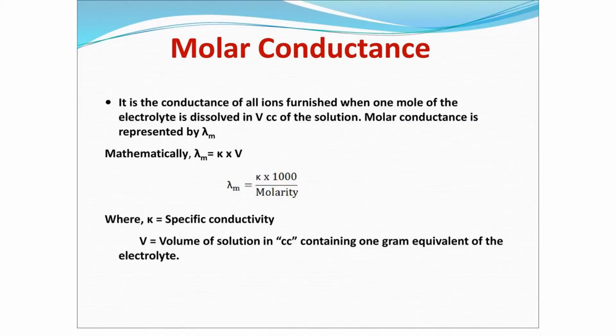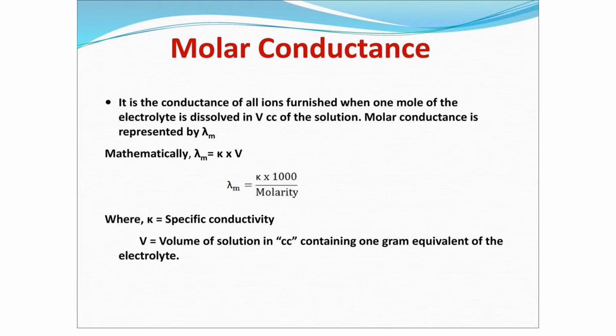Then we can move to molar conductance. Molar conductance is the conductance of all the ions furnished when 1 mole of electrolyte is dissolved in V cc of the solution. Molar conductance is represented as K into V, where K is the specific conductance and V is the volume of solution containing 1 gram mole of the electrolyte.